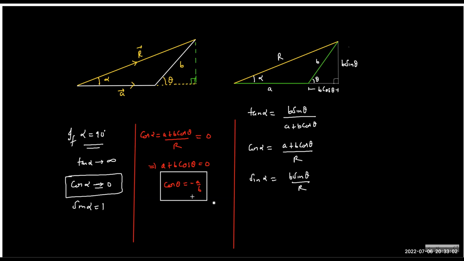Now once you derive this relation, we have the resultant formula. Here theta was not given, rather a condition was given, alpha is 90, which led to the relation that cos theta is this value.